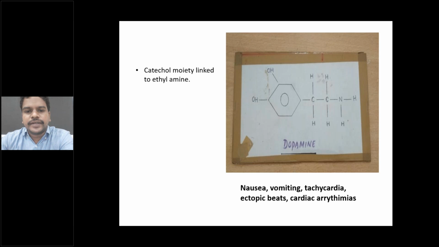These are the side effects of dopamine. This is the structure of the dopamine.